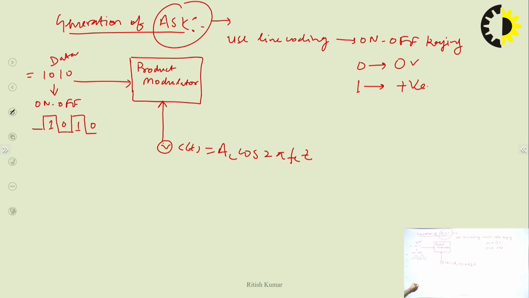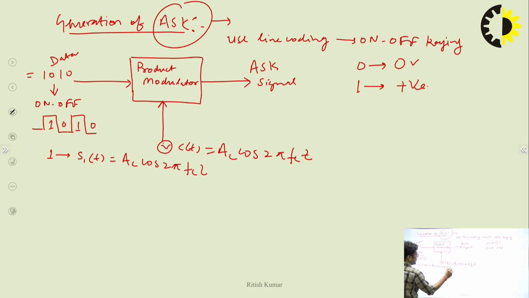So with the help of the product modulator, we can achieve a simple ASK signal, or ASK modulated signal. How? If I transmit a 1, with the product modulator and the carrier signal, the signal after passing through the product modulator is equal to Ac cos 2 pi fc t.